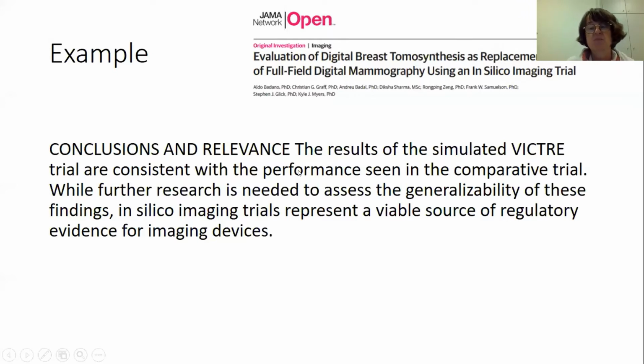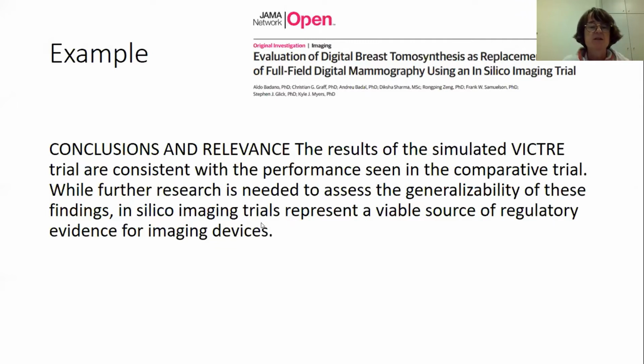This is literally a copy of their paper. The results of the simulated Victre trial are consistent with the performance seen in the real clinical trial. They recognize that there is further research needed to assess whether this is now a generalizable result, or whether it is just for the Siemens system that was simulated.